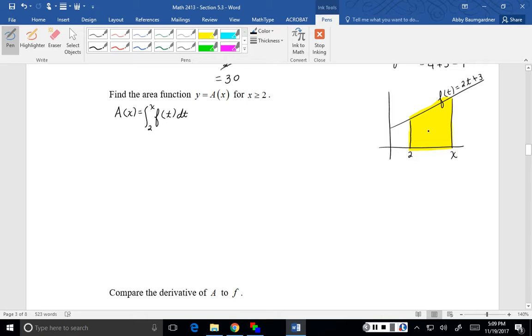Okay, it's a trapezoid. We don't know how to do the calculus on this guy just yet, but we do know how to deal with the trapezoid. It is 1/2 the little base. Right, well, the little base is this guy, and I find his length by plugging him into the function.